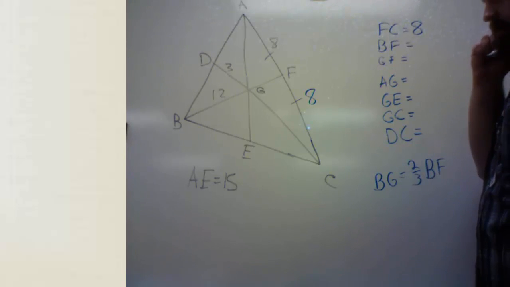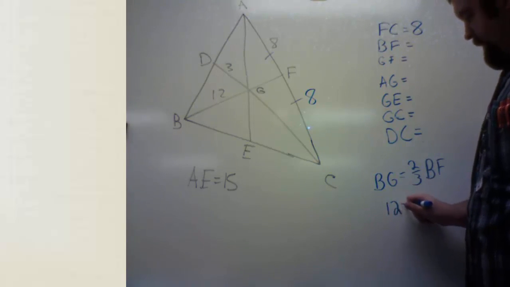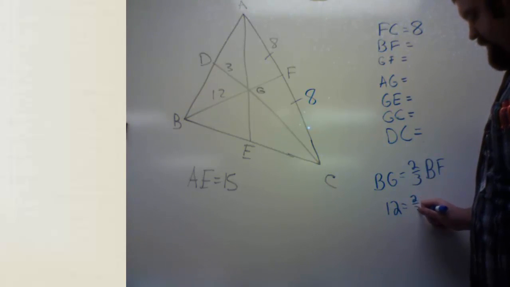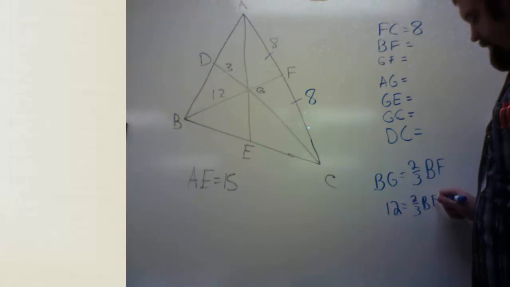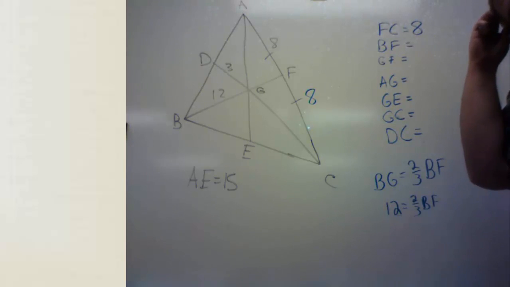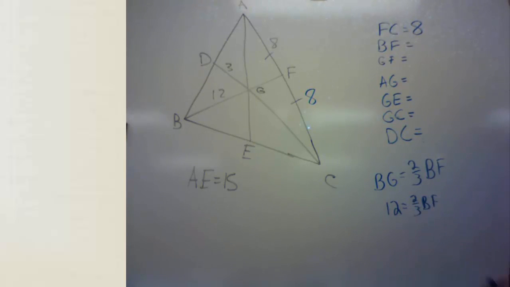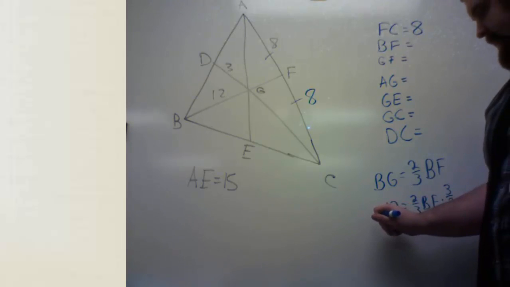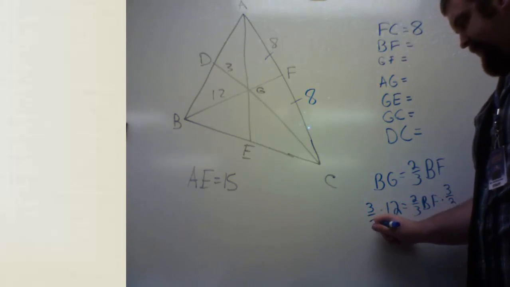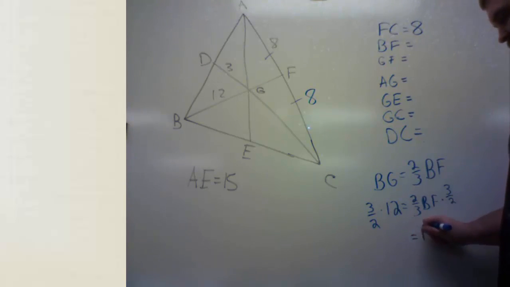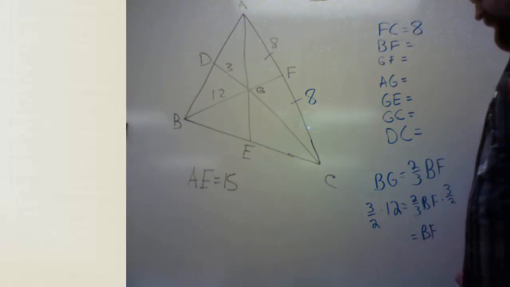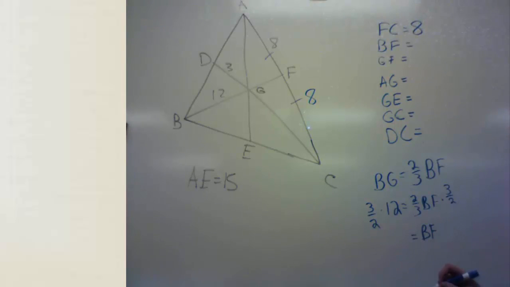I know the length of segment BG is 12, so let's plug in 12 equals 2/3 length of segment BF. I want to get rid of that fraction because I'm looking for length of segment BF. To get rid of the fraction, you multiply by the reciprocal. So if I have 2/3 there, I multiply this side by 3/2. I multiply this side by 3/2. So length of segment BF equals 3/2 of 12.